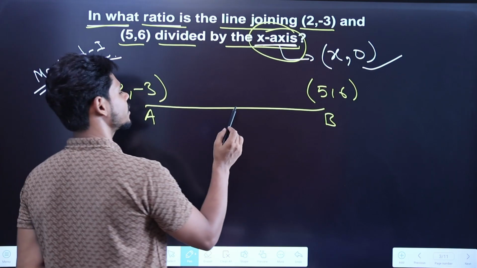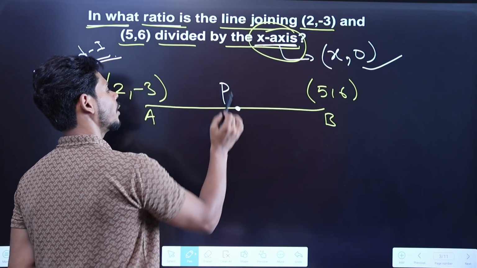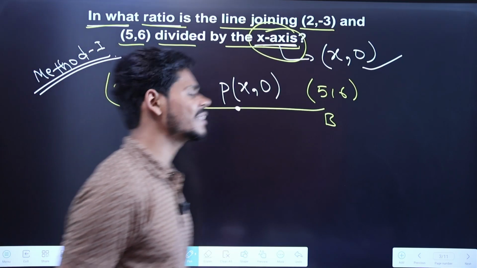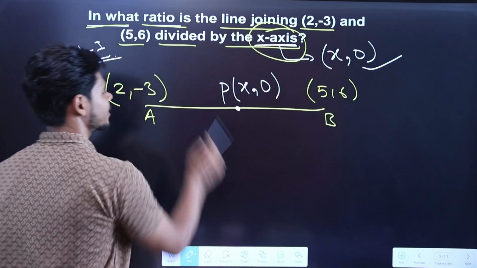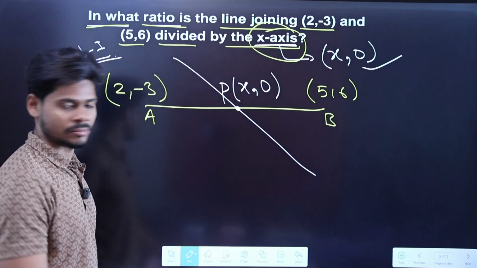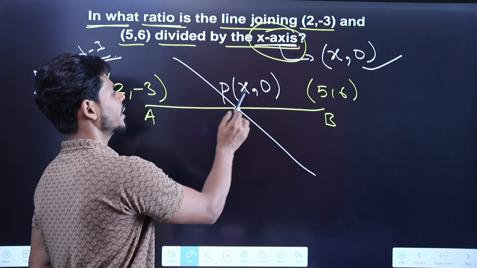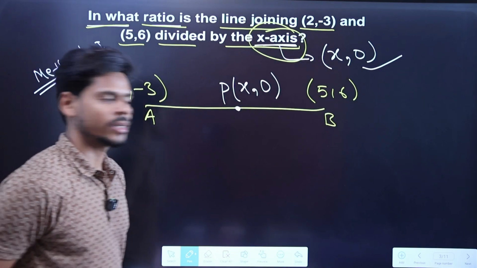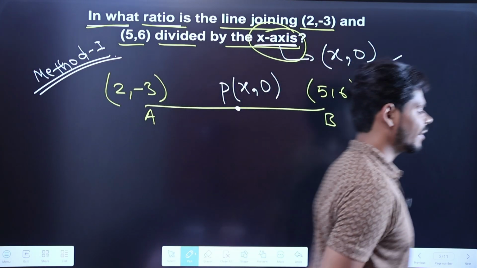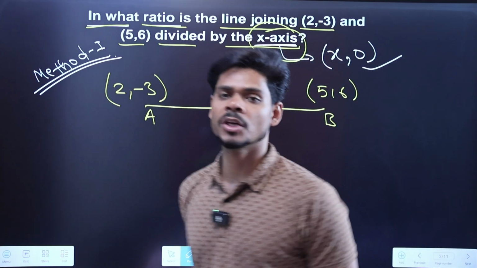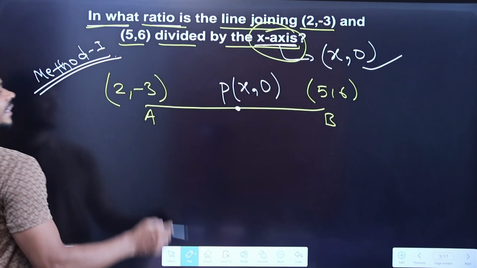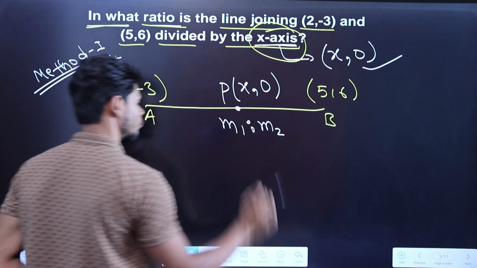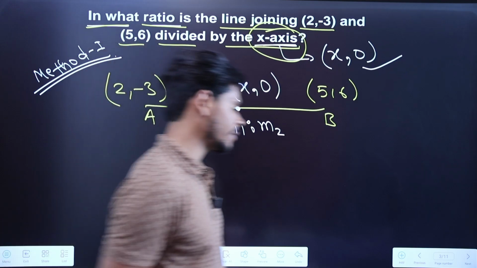So let's say this is the point P whose coordinate is x comma 0, because this line is divided by the x-axis. Any point on this axis will be x comma 0, got it? And this point is dividing the given line in some ratio. Which ratio? We don't know. Let's say that ratio is M1 is to M2, very simple.